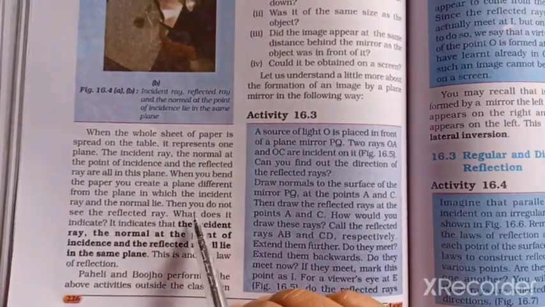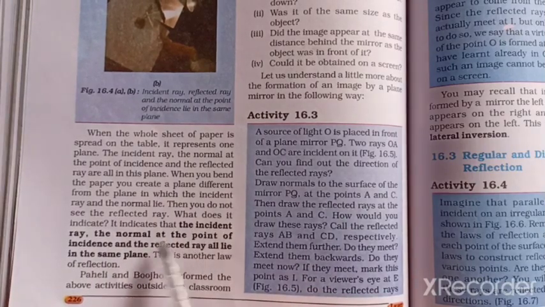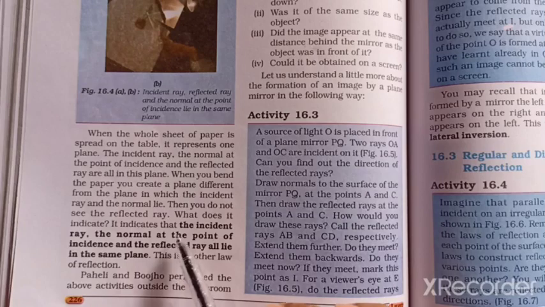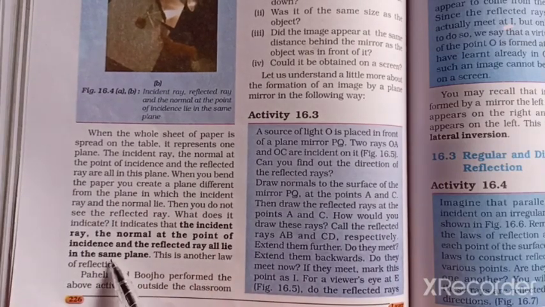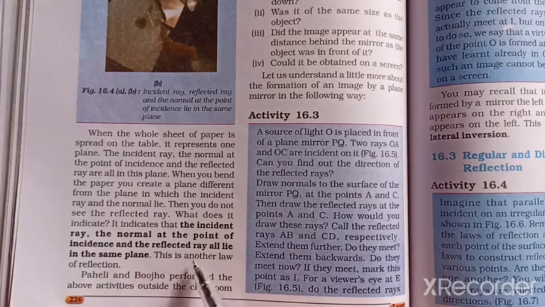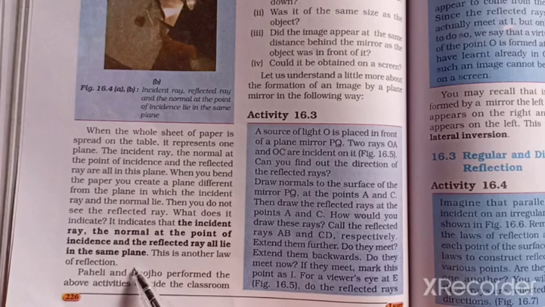So then you do not see the reflected ray. So what does it indicate? It indicates that the incident ray, the normal at the point of incidence, and the reflected ray all lie in the same plane. So this is another law of reflection.